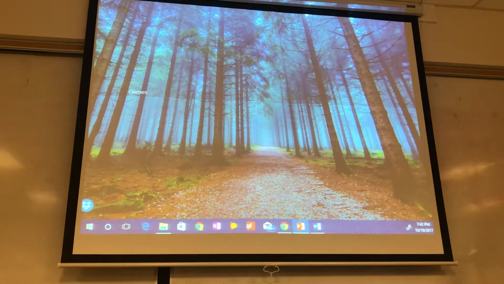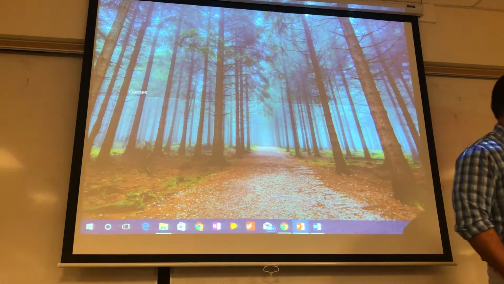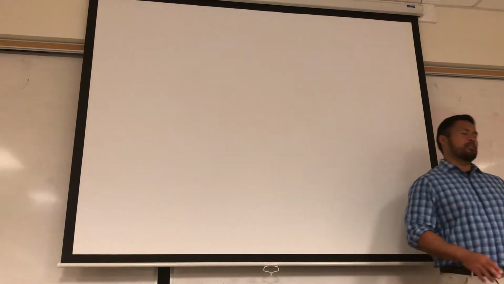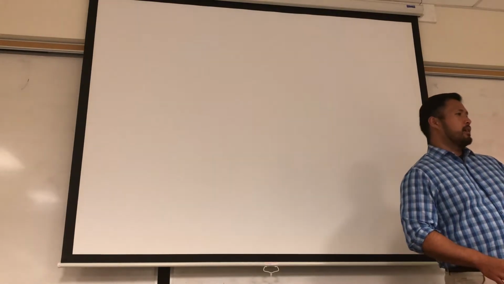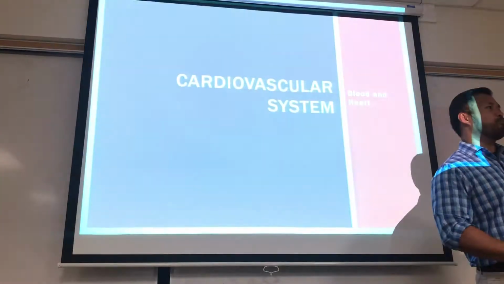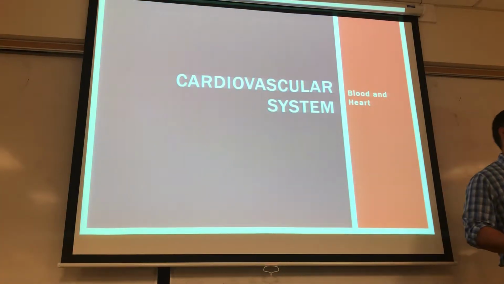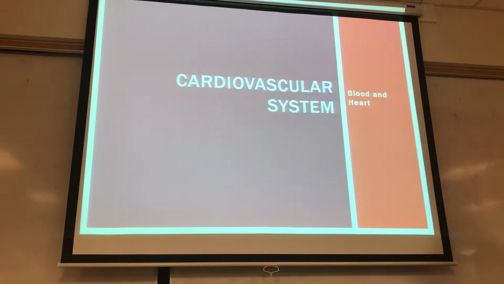All right, with that, let's get right into our cardiovascular lecture. The very first bit of what we're going to be talking about is, again, the blood. We'll talk about blood, we'll talk about the heart, and then the last portion of the cardiovascular lecture will be the vessels. The heart, as we know, is pretty much just an entire pump.